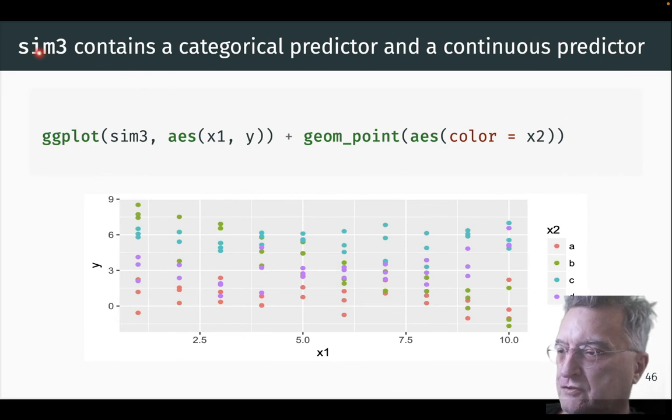Sim3 is a data set in the modelr package that contains a categorical predictor and a continuous predictor. So x1 is a categorical predictor, and x2, oh no, I'm sorry, x2 is the categorical predictor, x1 is the continuous predictor.